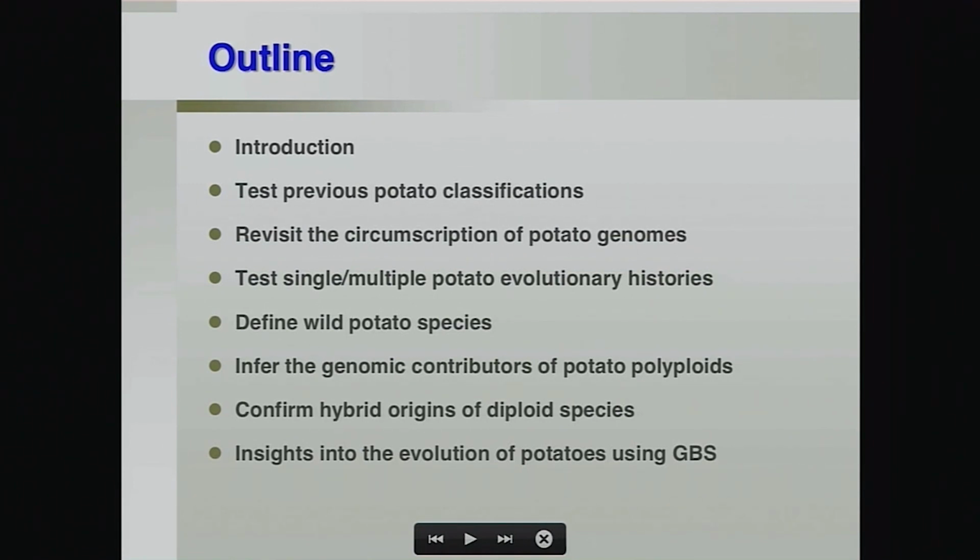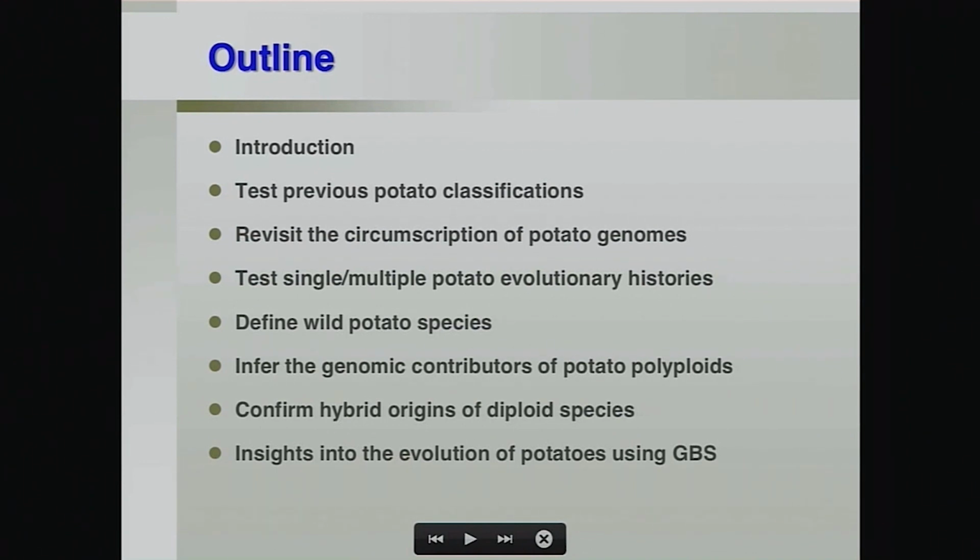A brief introduction about section Petota and how we use the DNA sequences, or the sequence of genes, to test previous potato classifications, and also to review some circumscription of potato genomes.